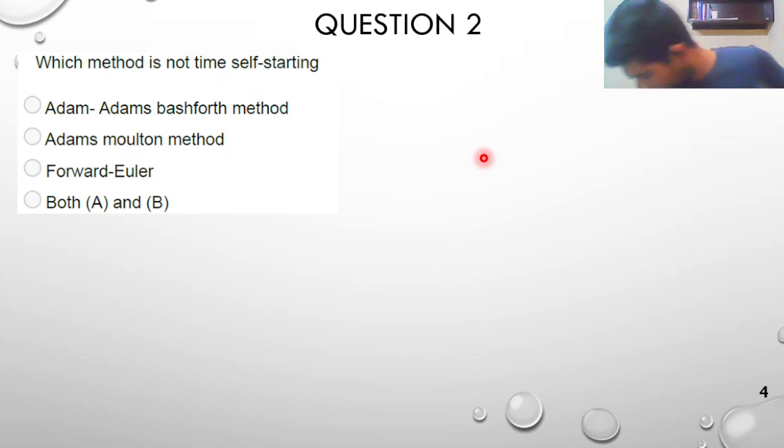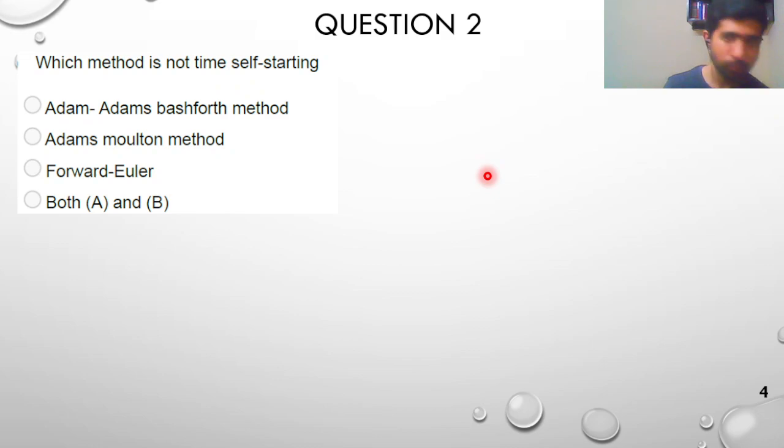So for this, what should be the correct answer? Which of the methods is not time self-starting? Note the word "not". Okay, I've got one answer, C.